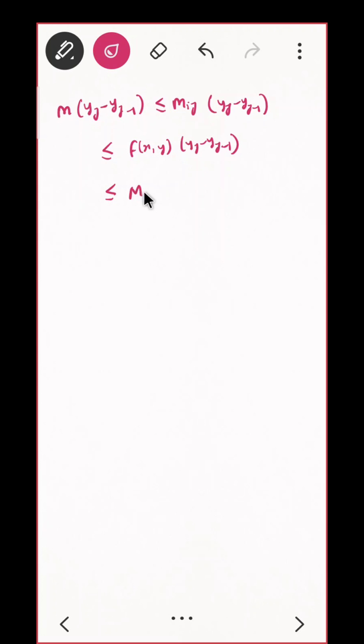That is small m into yj minus 1, that is less than or equal to mij into yj minus 1, that is less than or equal to your function f of x y, whatever it was, where we have fixed x, y is varying here, into yj minus 1, that is less than or equal to capital Mij yj minus 1, and that is less than or equal to capital M yj minus 1.